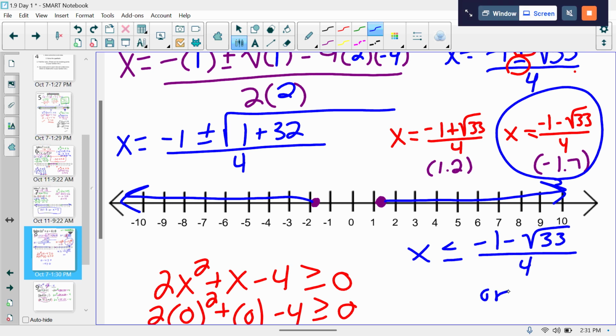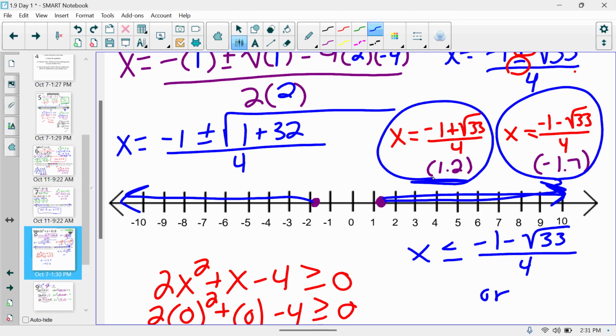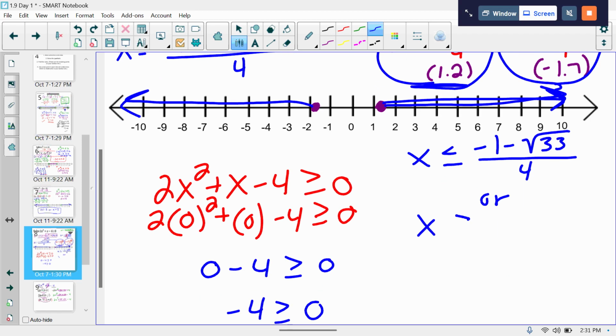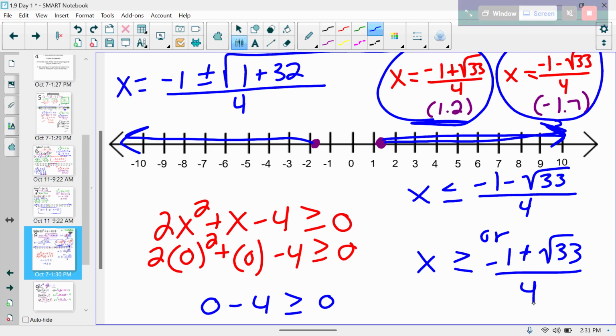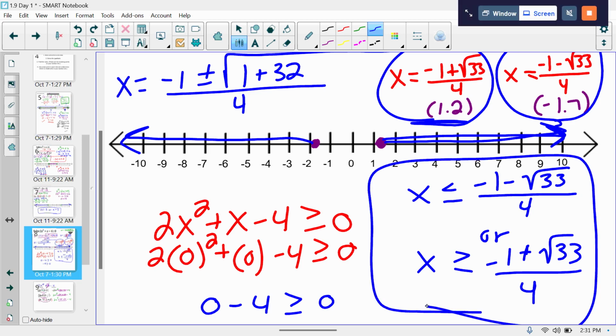Or anything up here, meaning anything greater than or equal to 1.2, but again, we're going to write it in the radical form. So negative 1 plus radical 33, just like you did on your homework yesterday, right? When we write our answer, we don't give decimals. We just had to do that so we knew what to graph on the number line, okay?